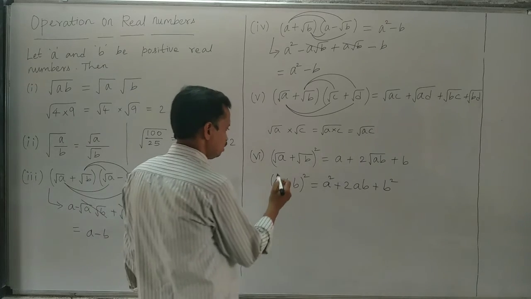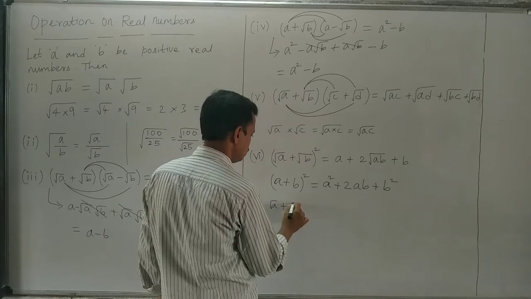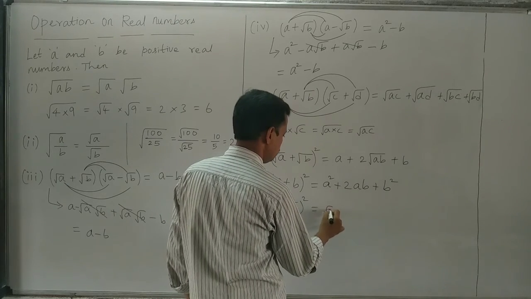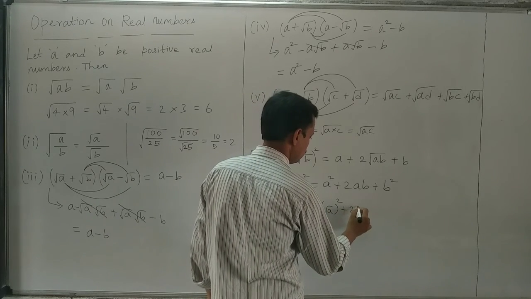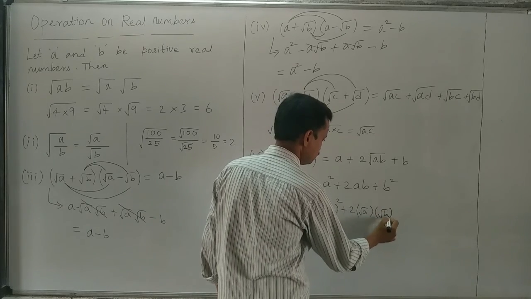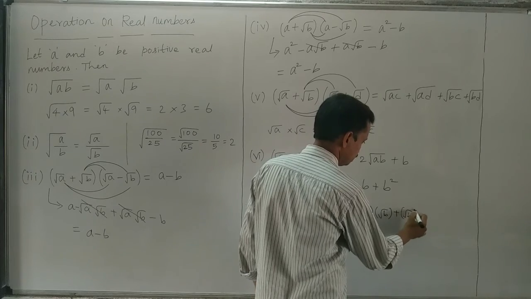What do you get? Root a plus root b whole square, root a whole square plus 2 into root a into root b, and then plus root b the whole square.